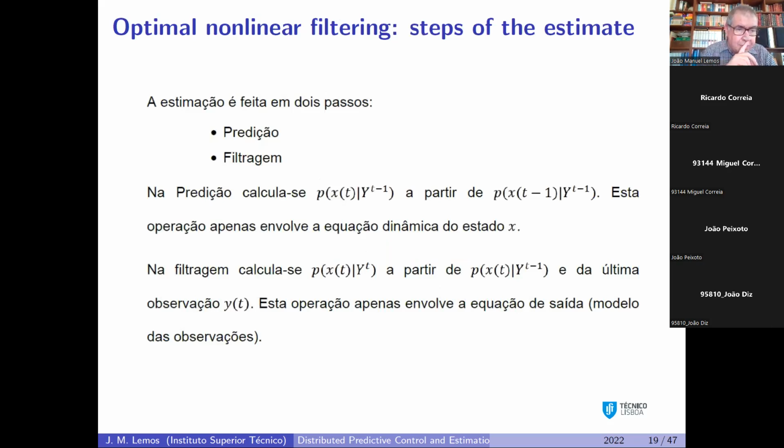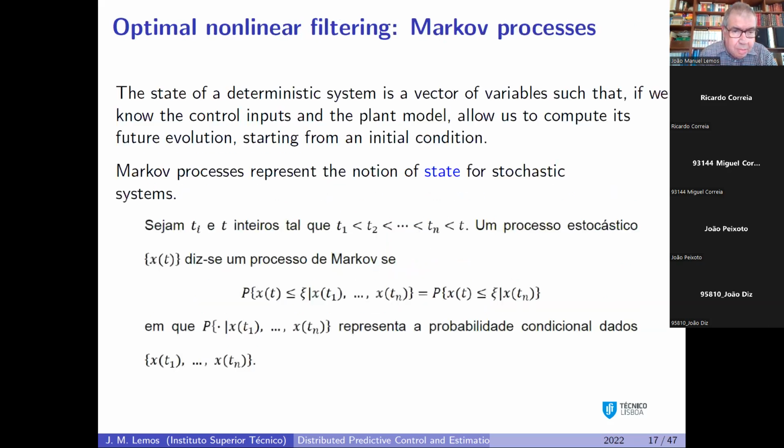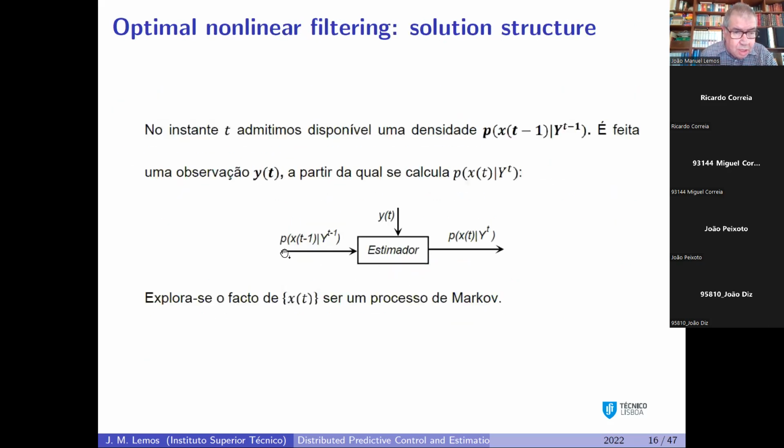So remember, let me go back. We know the probability of the state given the observations up to time t-1. And we make this observation, and we want to update, based on the observation, our density function of the state for the next time t.